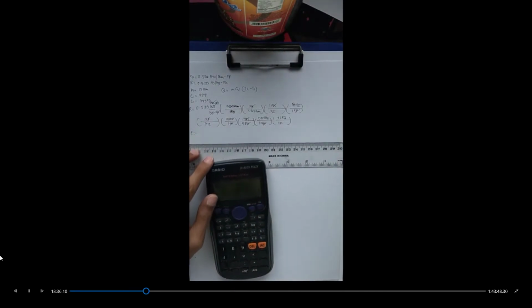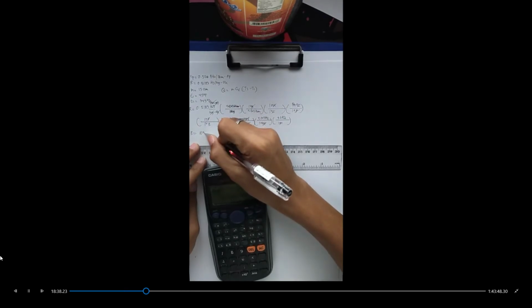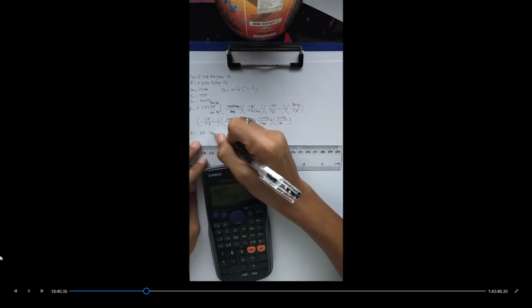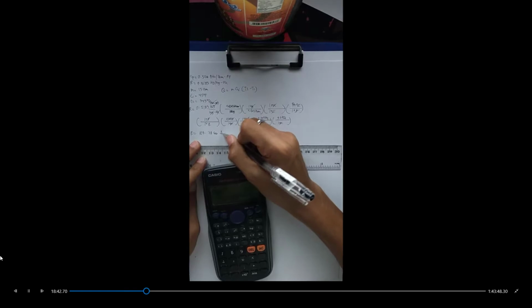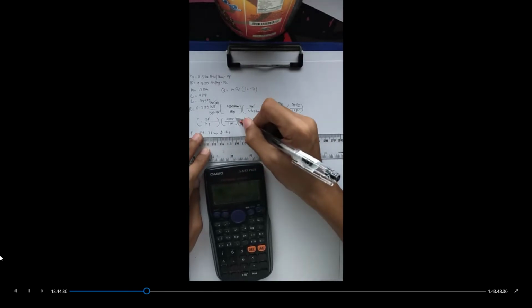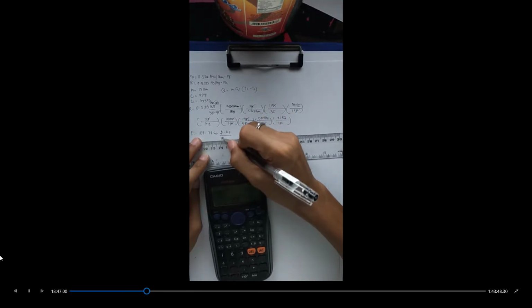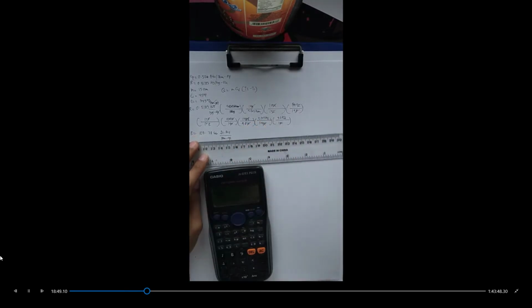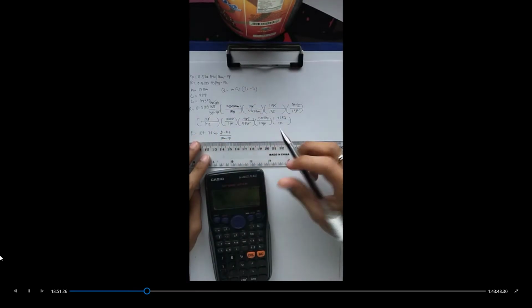So the resulting value would now become 103.7866. The unit would be foot-pound force per pound mass degree Rankine. This is not yet done because what we want is BTU.